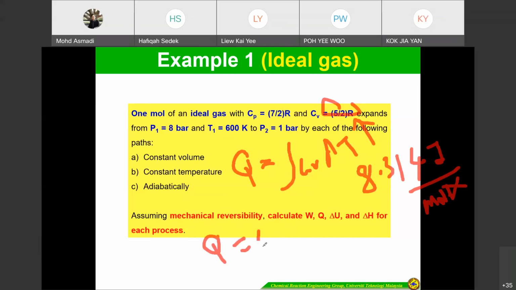Q equal to delta U. And then delta H. Delta H equal to CP delta T, because it's an ideal gas, CP delta T. Okay, can you calculate? W of course is equal to 0. Right. Okay, you have to find the final temperature T2.